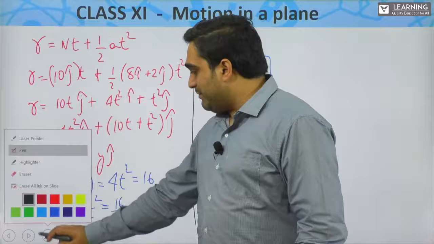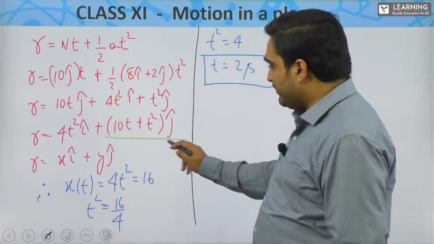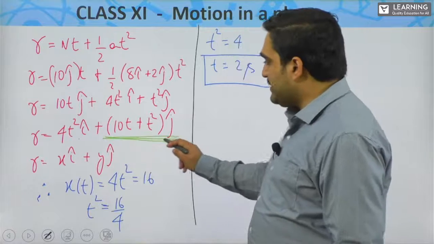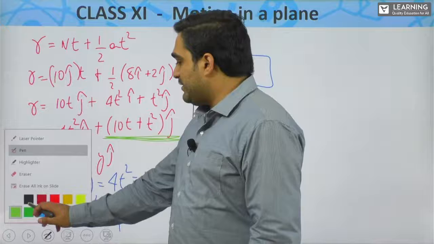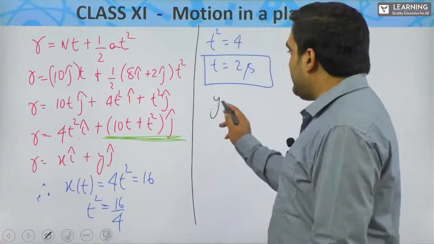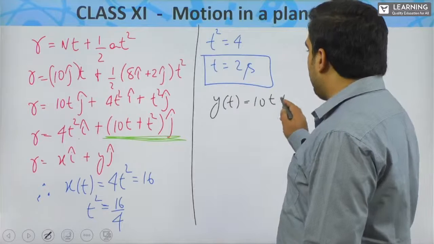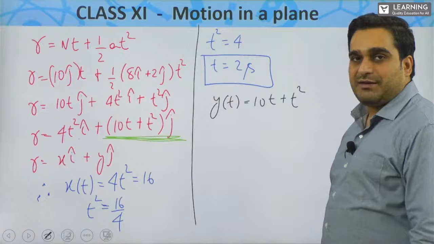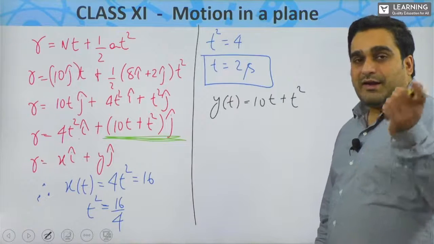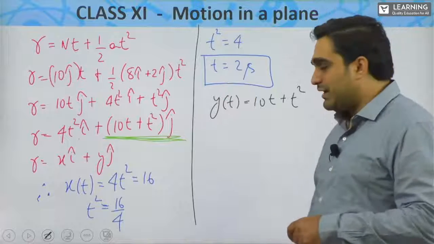All right, let me highlight it for you. It is located here. This is the y coordinate of the particle. So that means y of t, which is equal to 10t plus t square, represents the y coordinate of the particle at that time, meaning at 2 seconds.